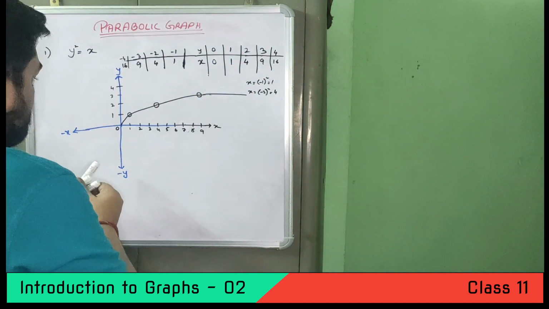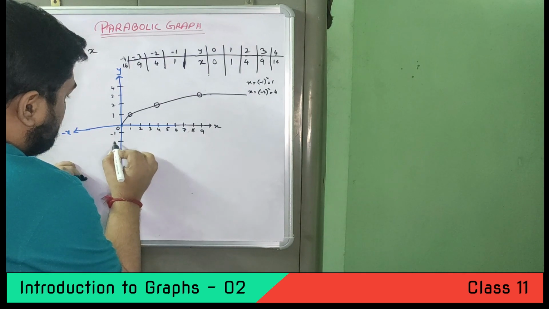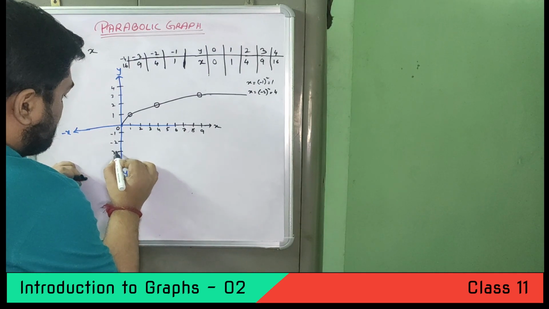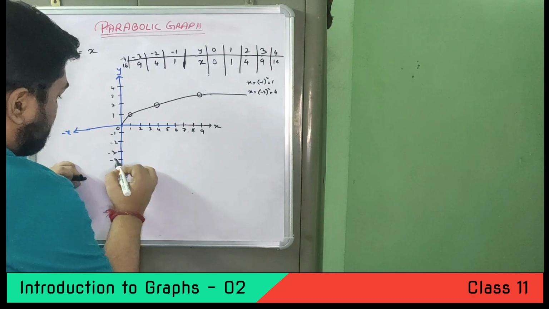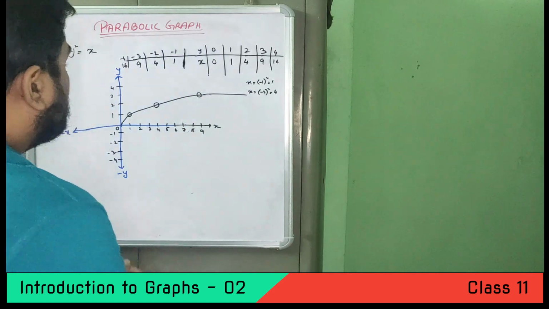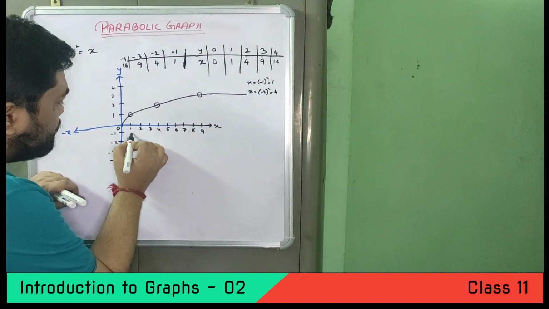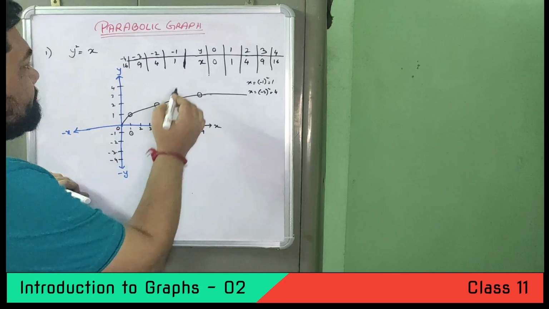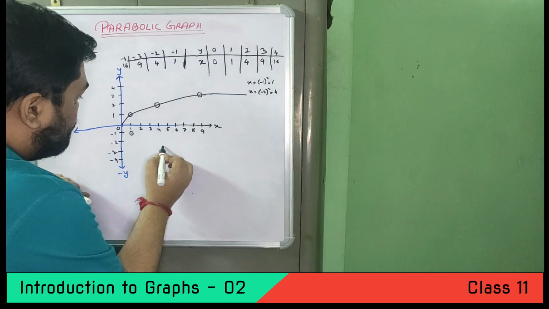So how to plot this one? We will point this as minus 1, minus 2, minus 3 and minus 4, right? So at y equals minus 1, the value of x is again 1 here. Y equals minus 2, the value of x is 4.